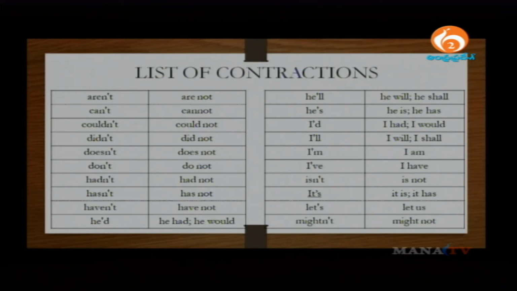The students are not coming to the class. Now I'll tell you using the contraction. The students aren't coming to the classes. So this is something which you can mention. All right, now let us see the next example.